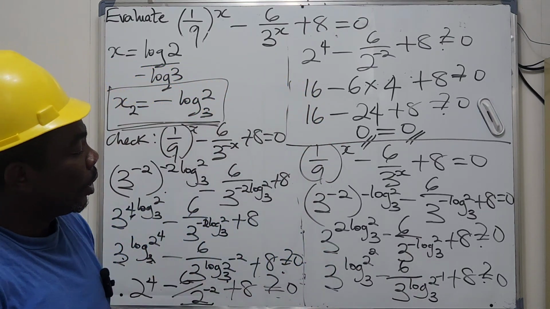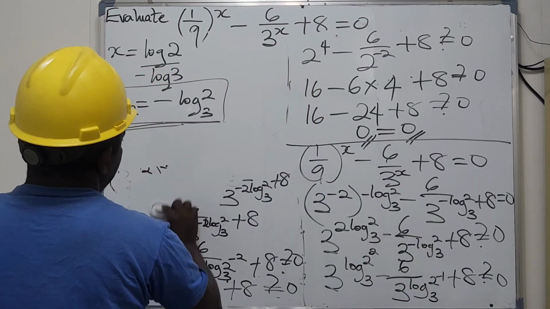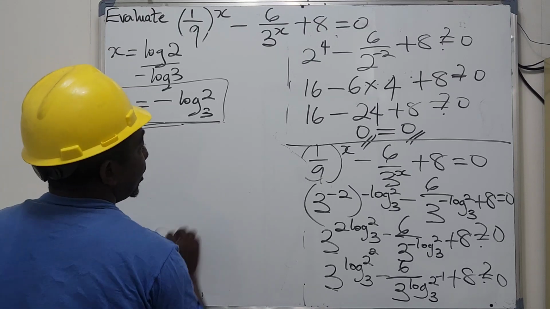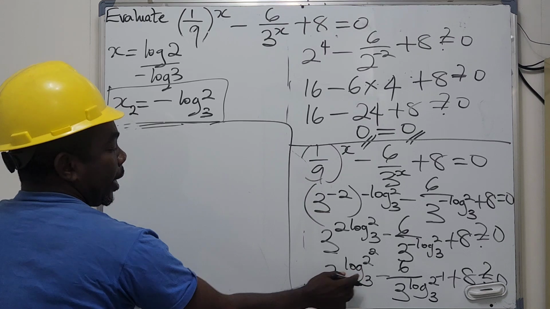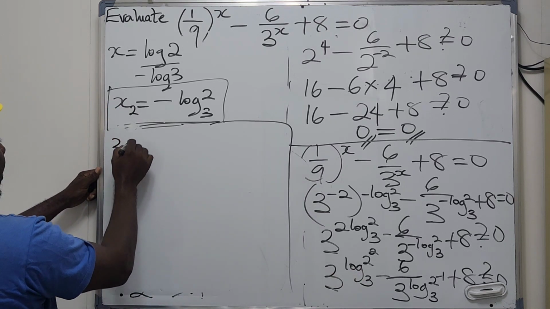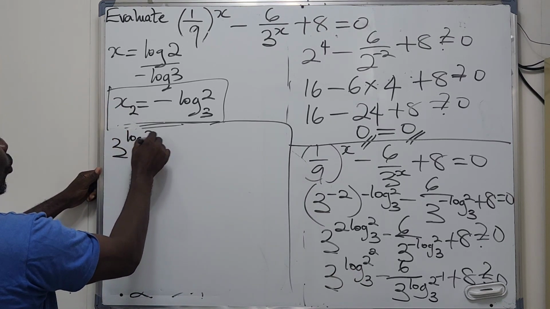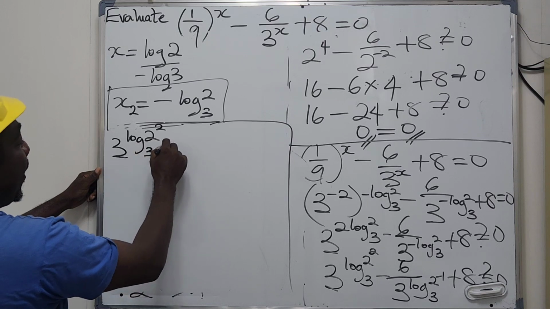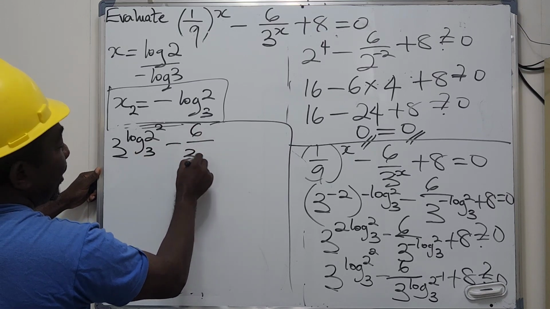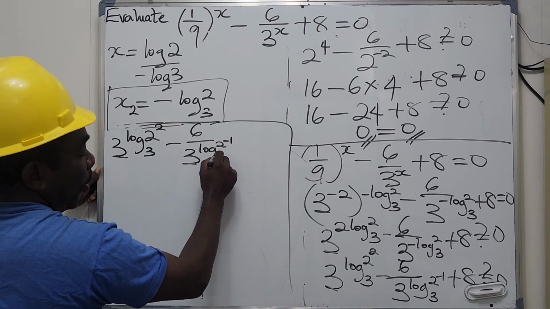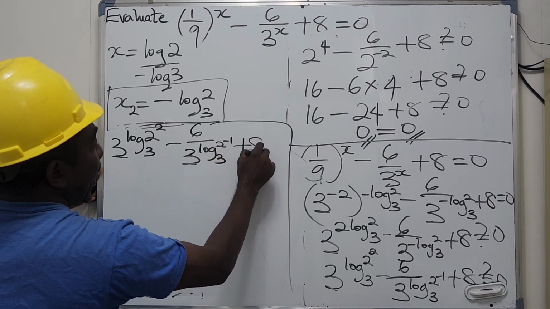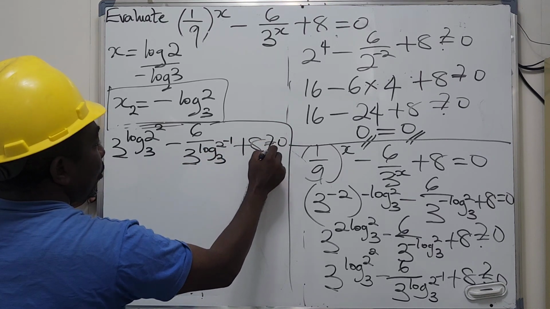So in that case, we can rewrite the value of x as we slot in that equation. That will give us 3 to the power of log 2 to the power of 2 base 3 minus 6 all over 3 to the power of log 2 to the power of minus 1 base 3 plus 8. When we add this, will this equal 0?